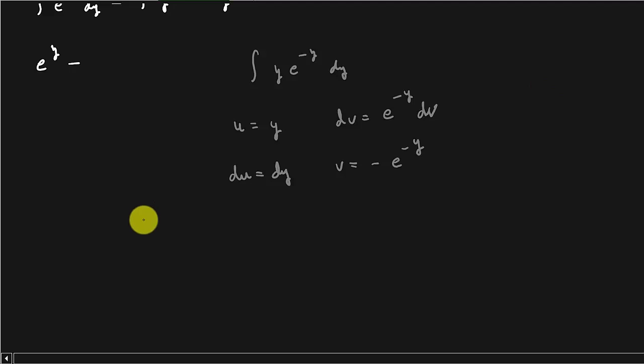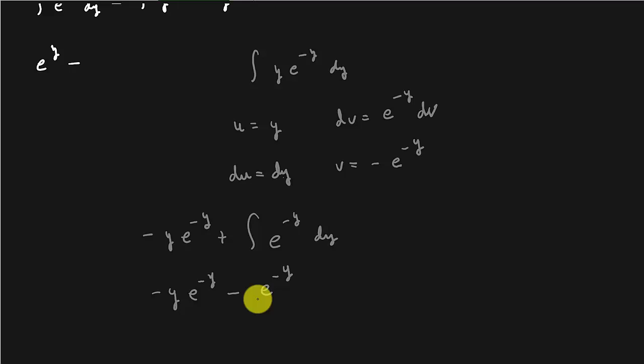All right, so that's going to be negative y e to the negative y minus, and then this times this. So this negative and this negative is going to make a positive, integral e to the negative y dy. So that's negative y e to the negative y minus e to the negative y. And then you would have plus c, but we're not going to put the plus c on that side.